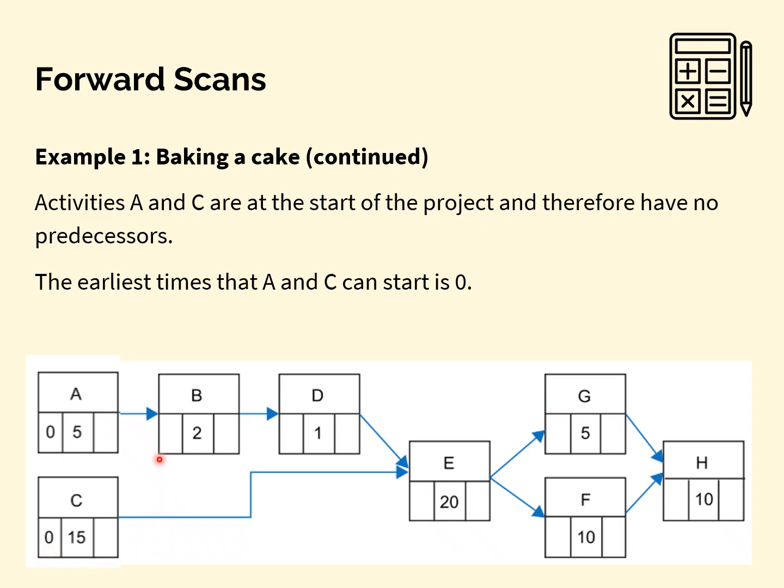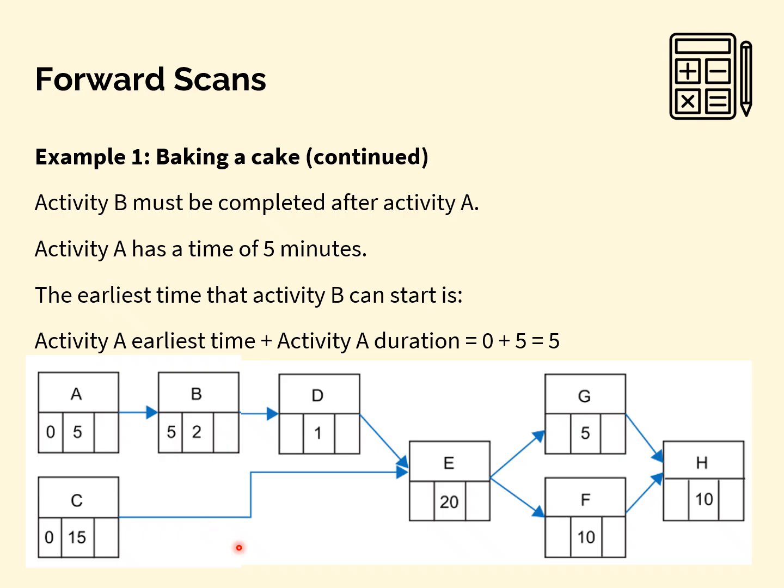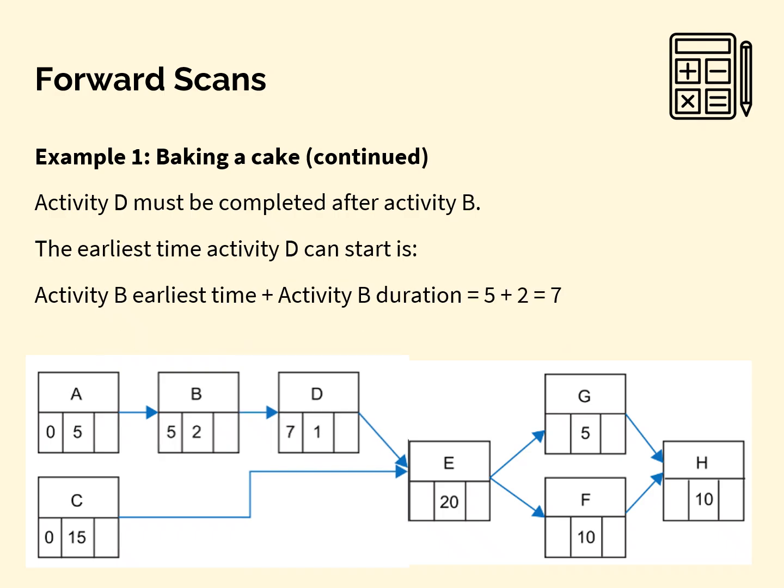Activity B has one predecessor, activity A. So its earliest start time must be the sum of activity A's start time and duration. So 0 plus 5 will be 5. Activity D only has the one predecessor, activity B. So we take its early start time and duration, 5 and 2, and that makes 7.